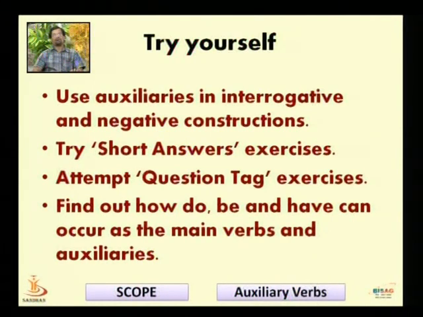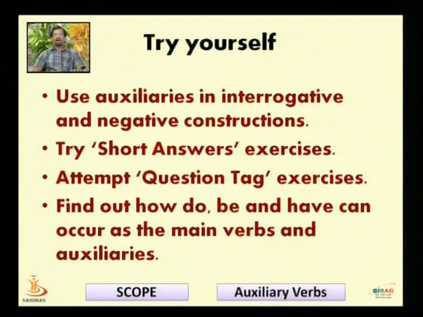I have also shown you how we can use auxiliaries in the question tag. What you can do is pick up 10 sentences in English, maybe from a newspaper, maybe from your textbook, maybe from any other source, or you can try your own way also. You can write at least 10 sentences and try the exercise of question tag.